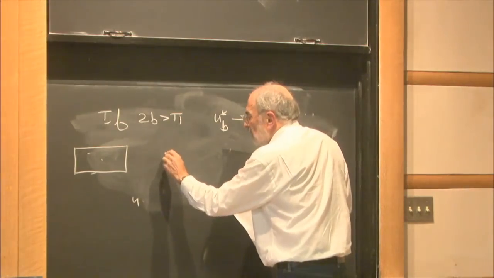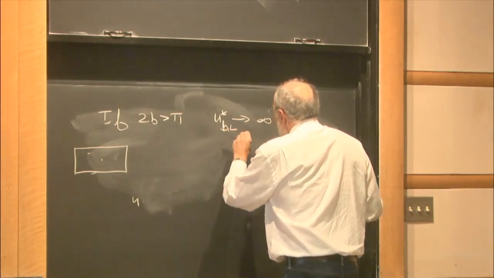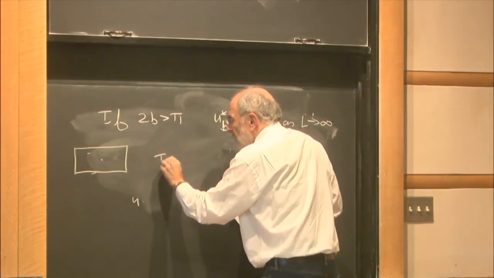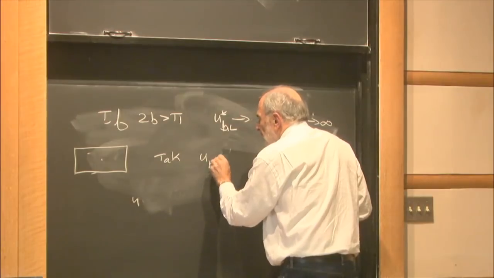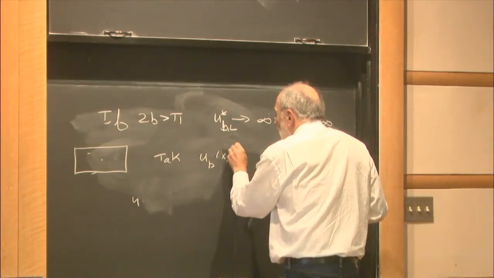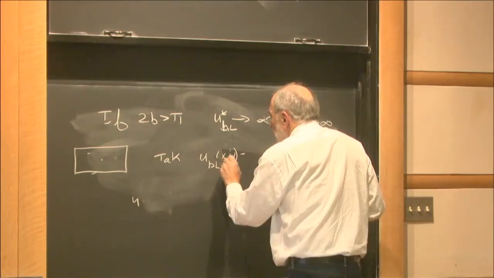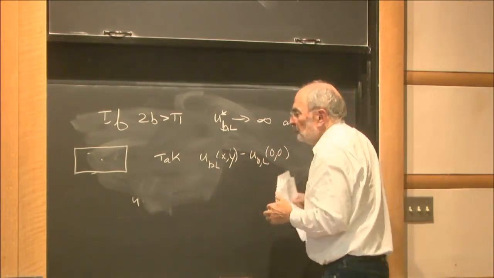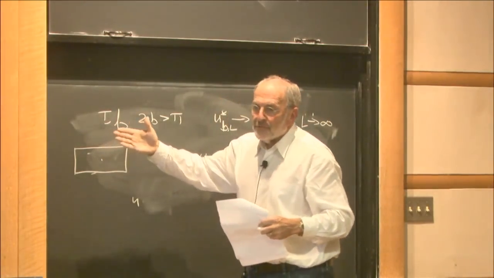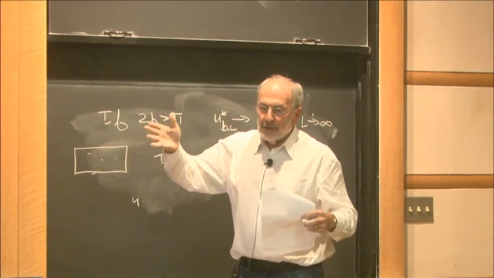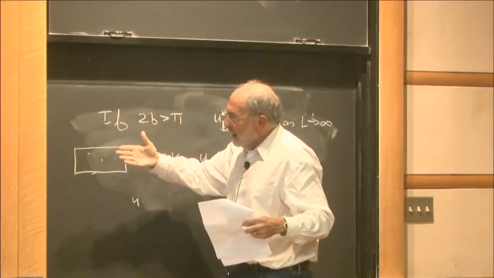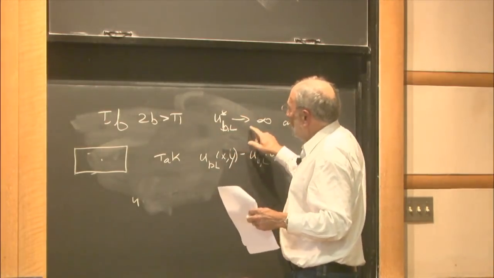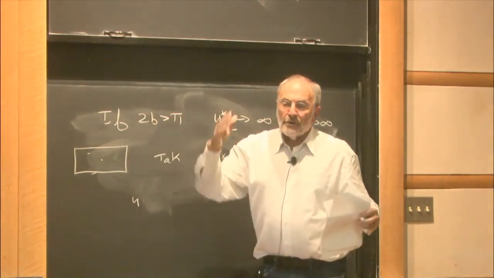So I'll take U_B(x,y) = U_BL minus U_BL(0,0). What I do is at each stage, for some subsequence of L's chosen so that this thing converges, I bring it down so that the height is at 0. That means since this height is going to infinity, on the boundary it's going to minus infinity.